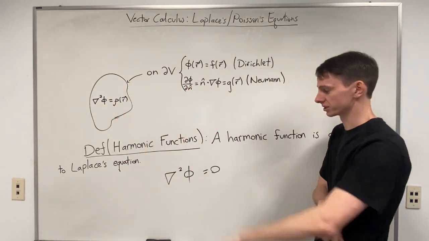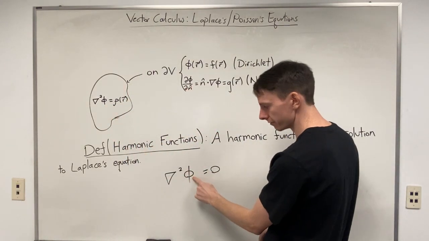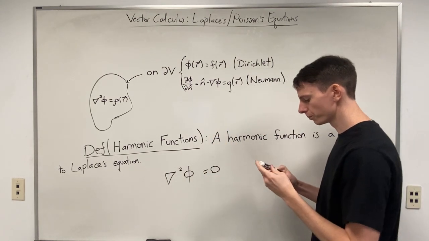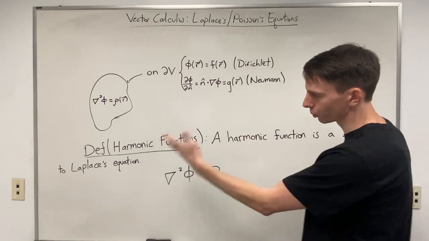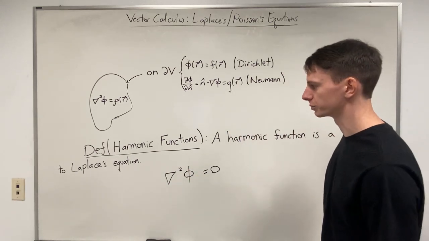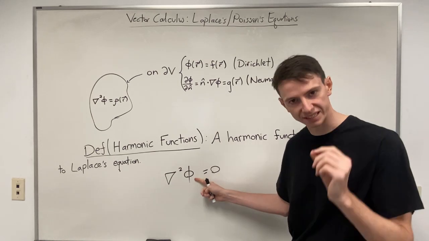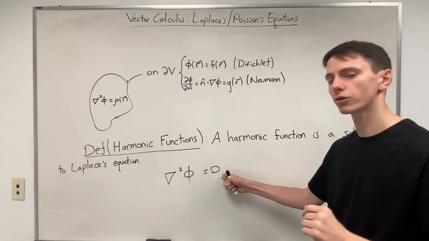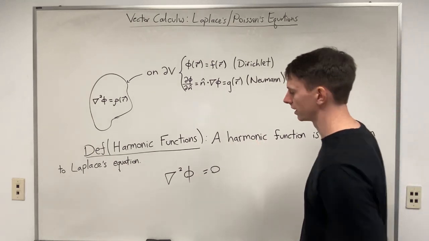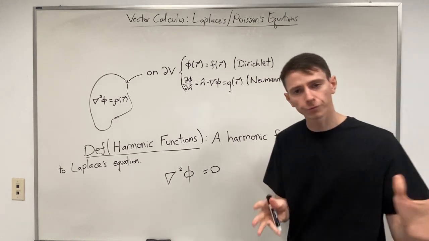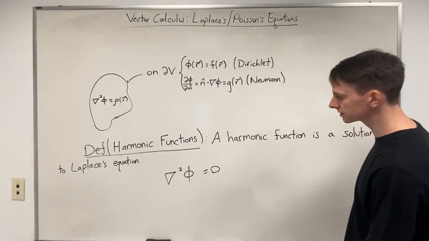Whereas a harmonic function is specifically where the Laplacian of that function is equal to a 0 right-hand side. So what I'm trying to say is that what we're going to be working with in this video specifically are properties of functions which satisfy a 0 right-hand side, specifically Laplace's equation and not Poisson's equation. Okay. So hopefully all of that makes sense.